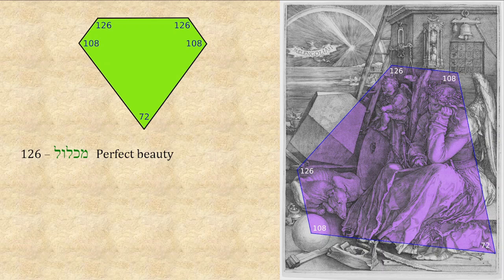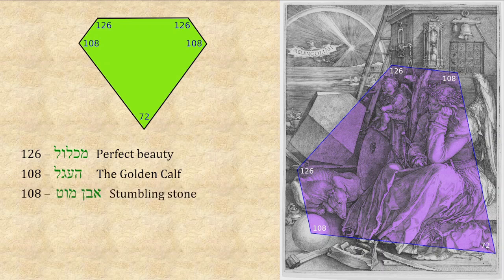The 108-degree angles could point to Hechel, the golden calf, or to Mot Even, a stumbling stone. In other words, the quest for perfect beauty ends with a graven image, a molten idol, an offence to God. It's not possible to make.